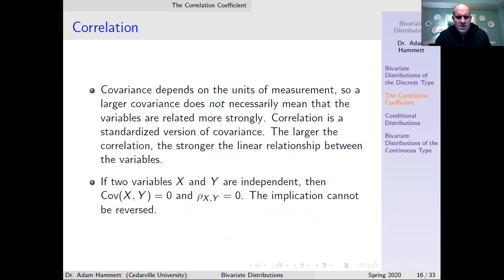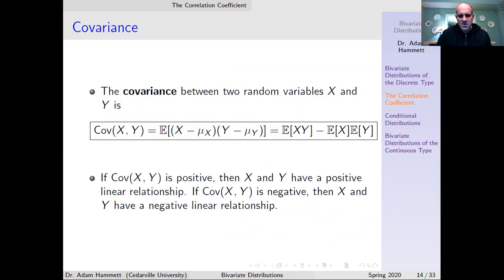So again, covariance depends on the units of measurement, right? So I already talked about this. If two variables x and y are independent, then the expected value of xy is equal to the expected value of x times the expected value of y.